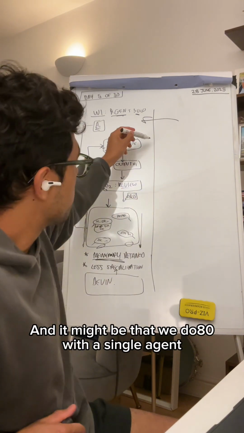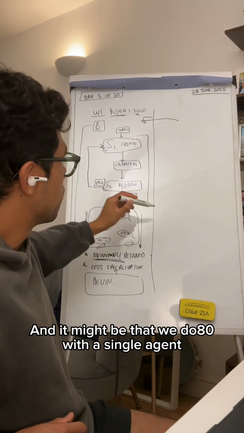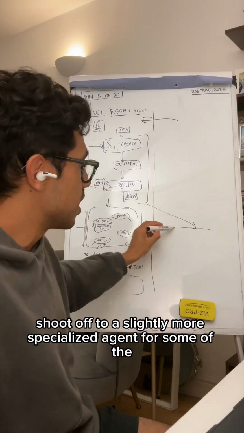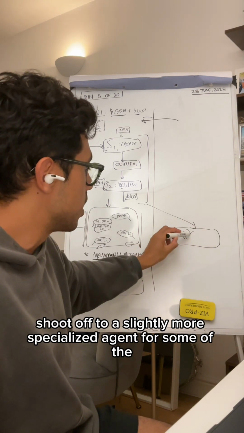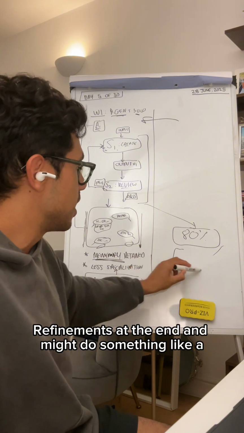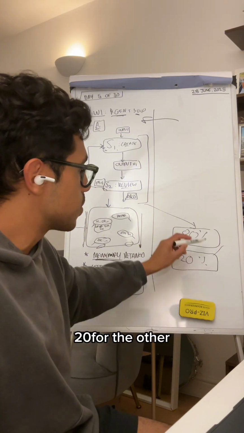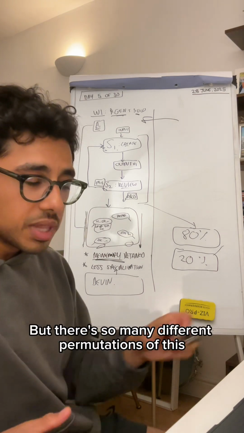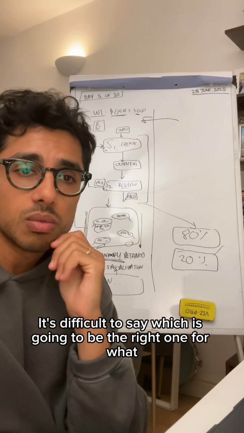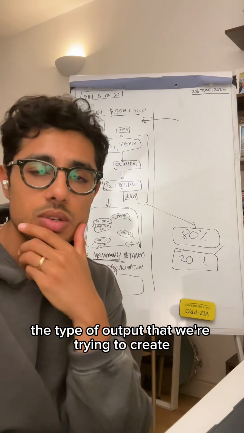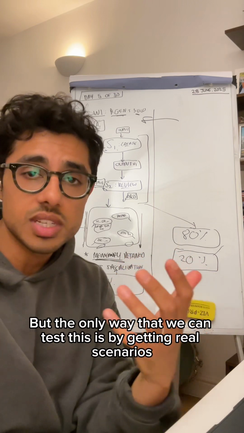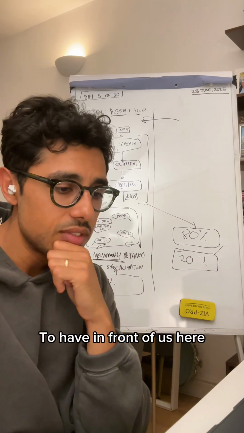And it might be that we do 80% with a single agent, and then we maybe shoot off to a slightly more specialized agent for some of the refinements at the end, and you might do something like 80% for one of the agents, 20% for the other. But there's so many different permutations of this, it's difficult to say which is going to be the right one for what the type of outputs that we're trying to create. But the only way that we can test this is by getting real scenarios that we're fortunate enough to have in front of us here.